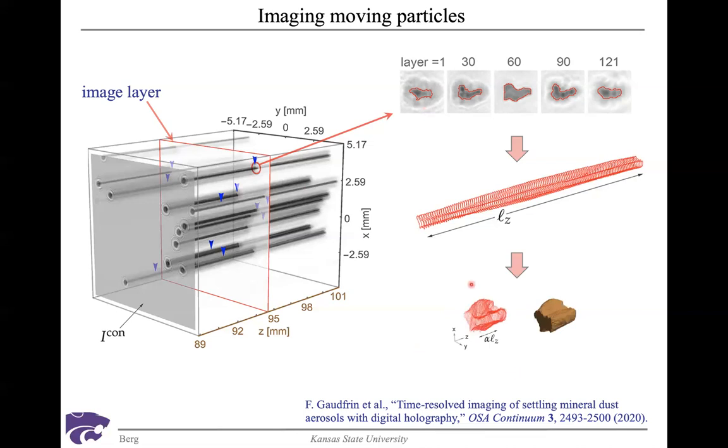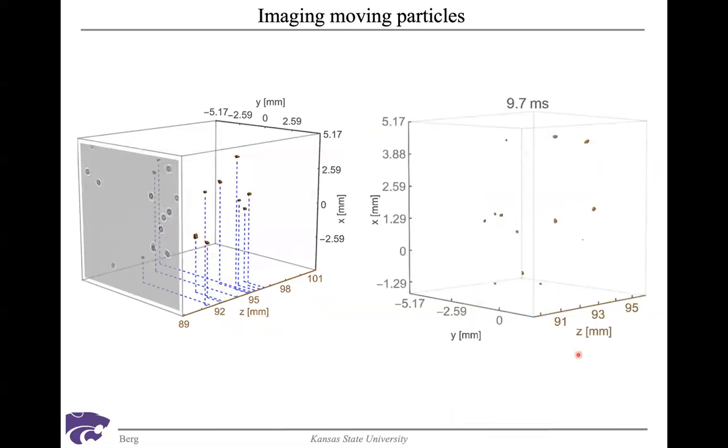By doing a calibration procedure, we can shrink this hole down and find a 3-dimensional representation of each of those dust particle grains flowing through the beam. This just gives you an idea of what that looks like. Here you can see the movie of the particles falling through the beam.